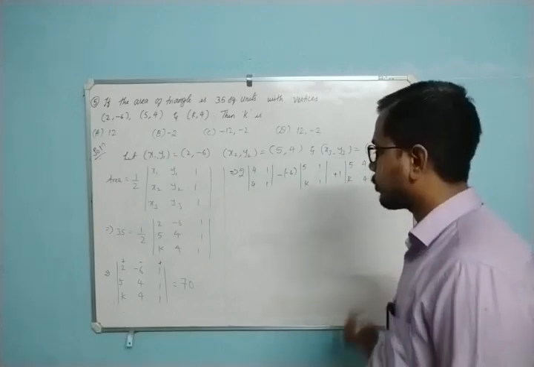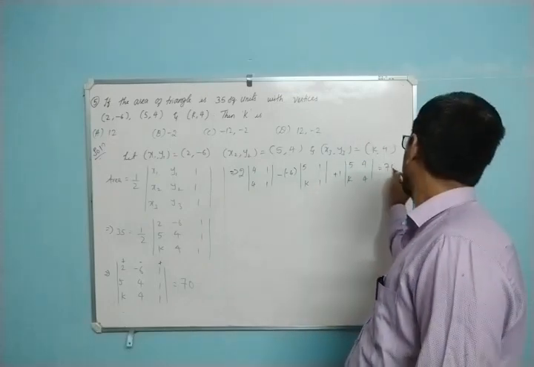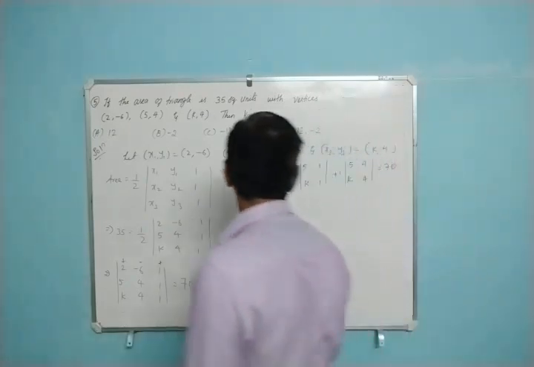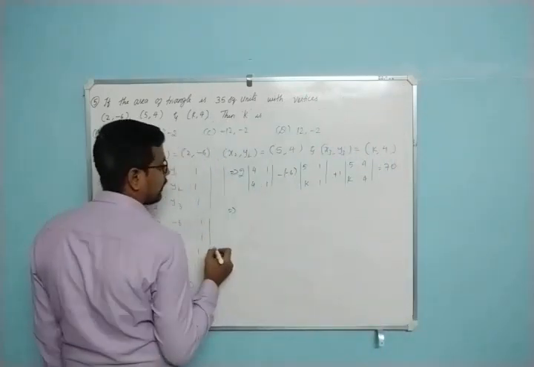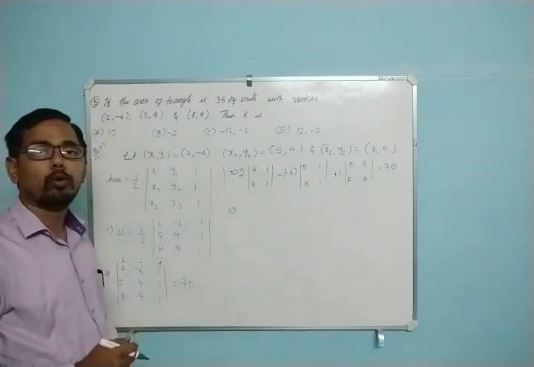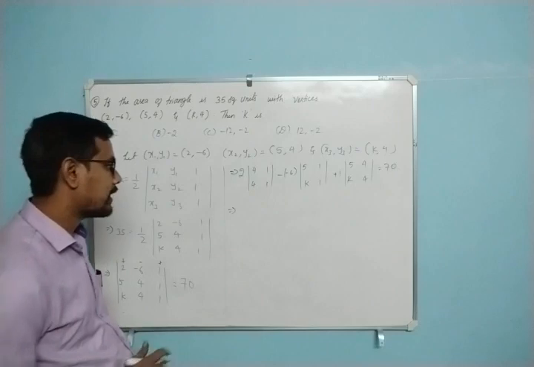This is equal to 70. Now this part becomes 0 because both the rows, row 1 and row 2, are identical. So no need to worry about that.